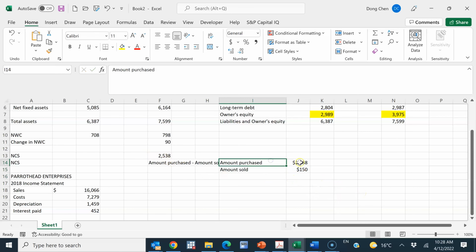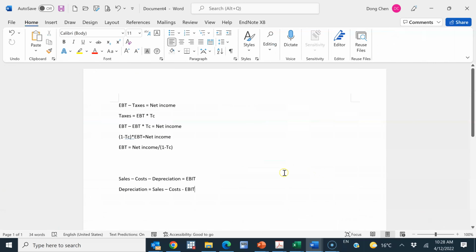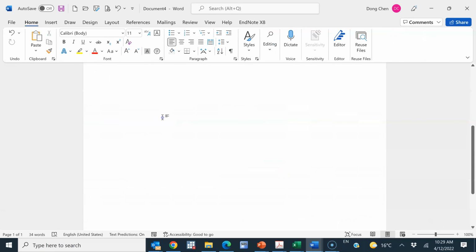If you want to find out why this is the case, just use another worksheet for the formula. Amount purchased minus amount sold equals net capital spending.